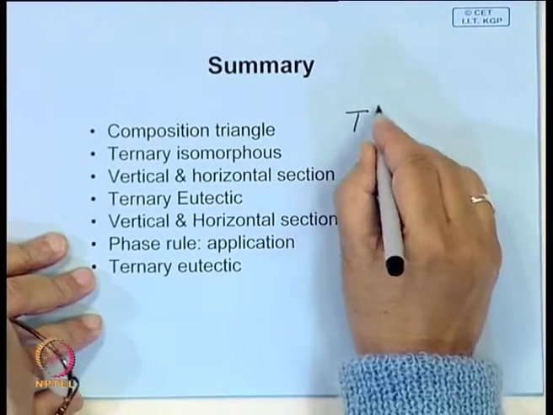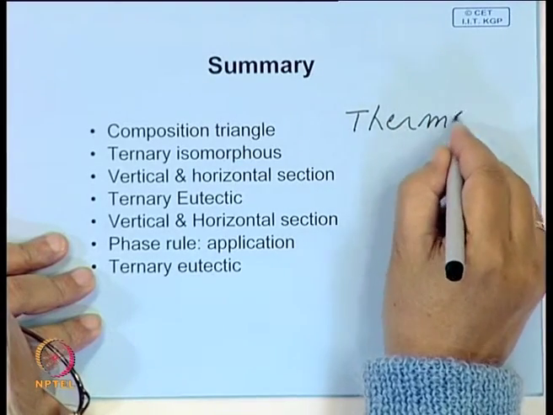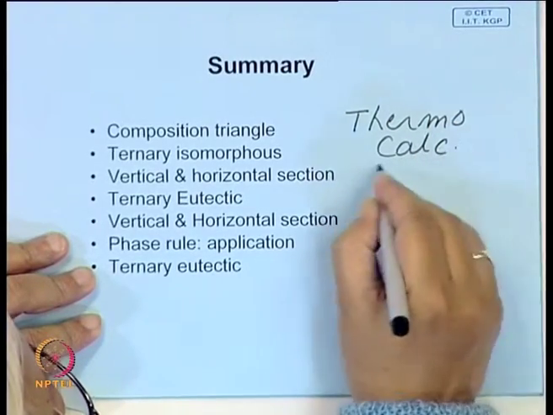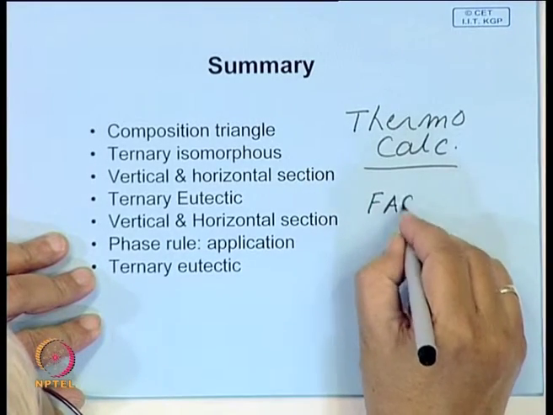In fact, there are nowadays thermodynamic databases with programs that use the free energy minimization concept, and with the available thermodynamic data they can calculate the expected number and type of phases and their compositions in a given composition. Two very common packages are Thermocalc and FactSage, and there may be others also.